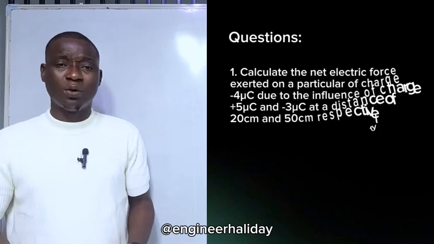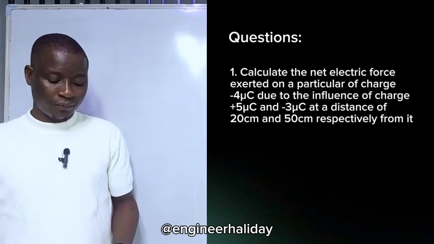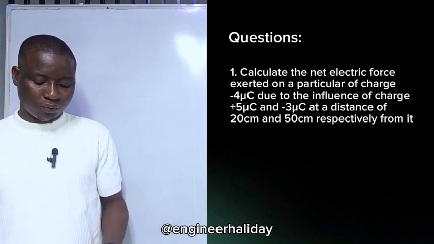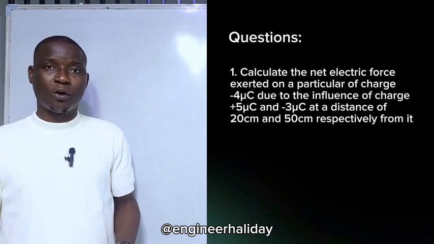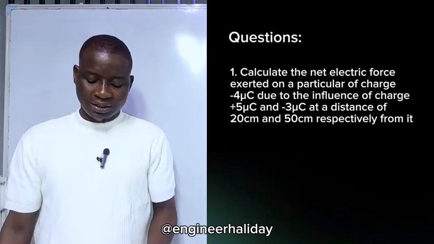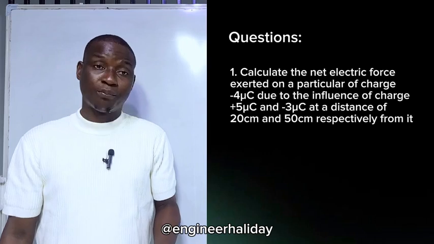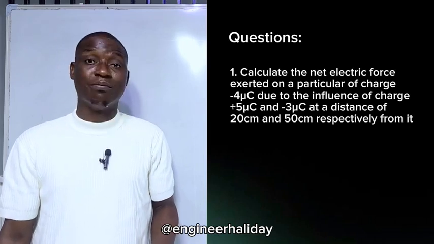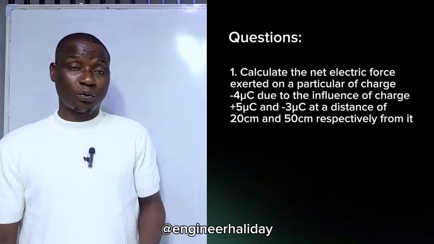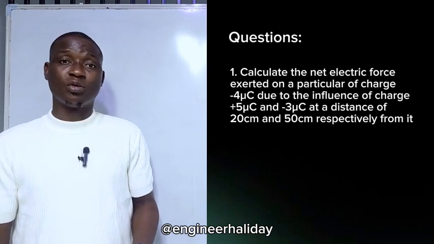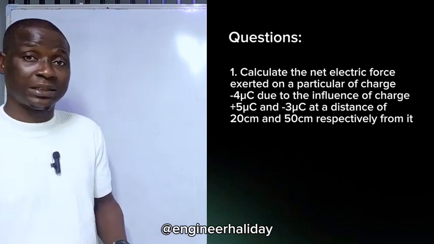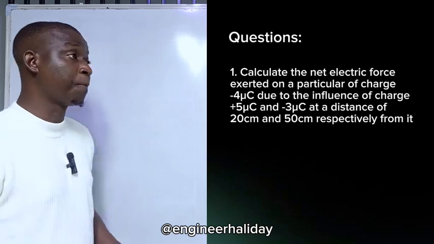The question says calculate the net electric force exerted on a particle of charge minus 4 microcoulombs due to the influence of charge plus 5 microcoulombs and minus 3 microcoulombs at a distance of 20 centimeter and 50 centimeter respectively from it.